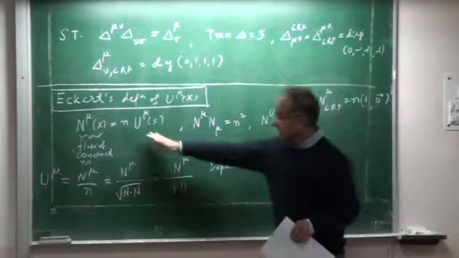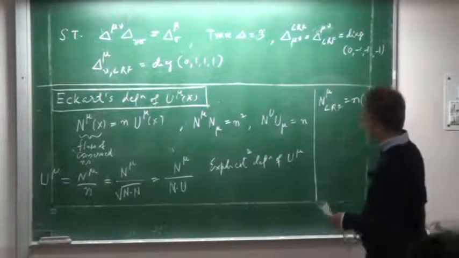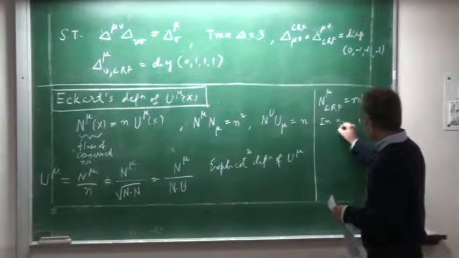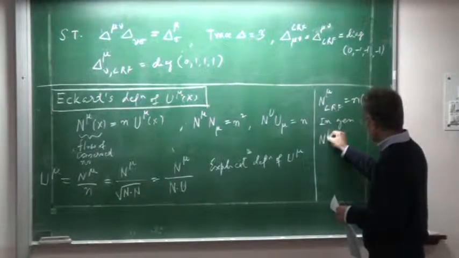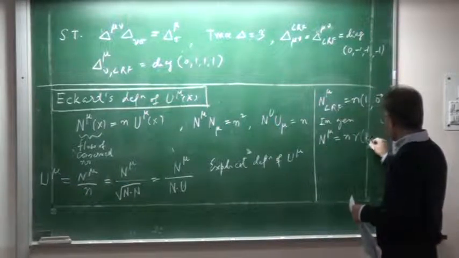Look at this definition, u mu becomes 1 0, so it is n times 1 0. So in general, n mu is n gamma 1.